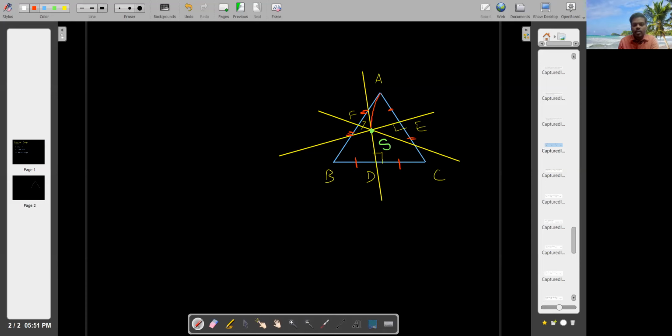So SA equal to SB equal to SC. Right? So let us take SA as the radius, S as the center, draw the circle. It passes through the vertices of the triangle. So the circle is called circumcircle.